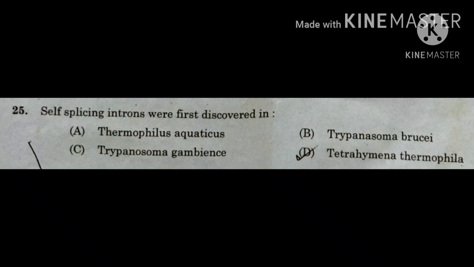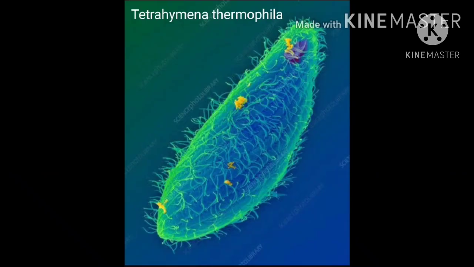And the process of removal of these introns from the structure of hnRNA is known as splicing or RNA splicing. Okay, and this splicing is carried out by a specialized protein complex known as spliceosome. Generally, splicing occurs with the help of a group of proteins or enzymes known as spliceosome.